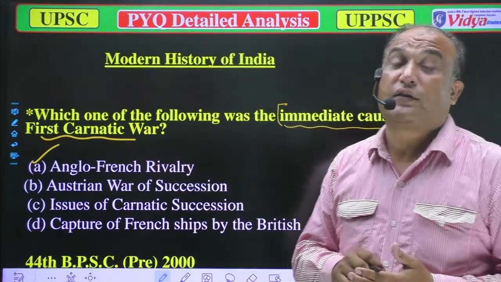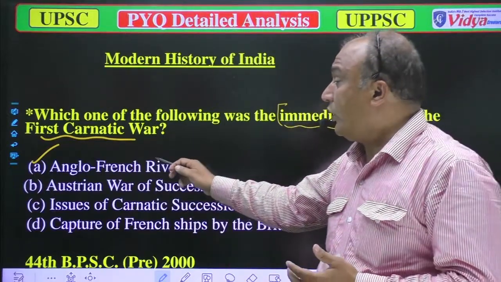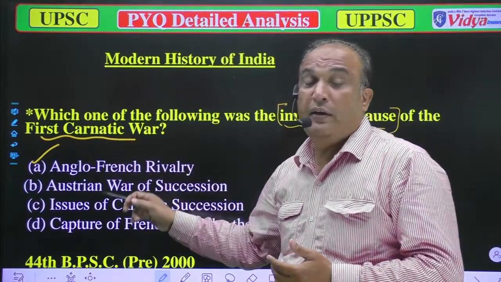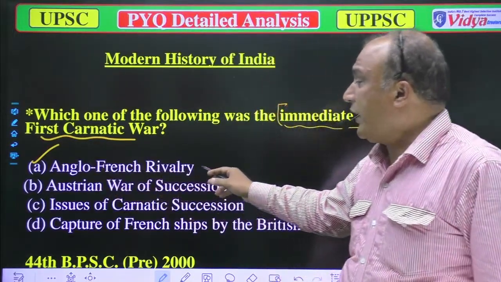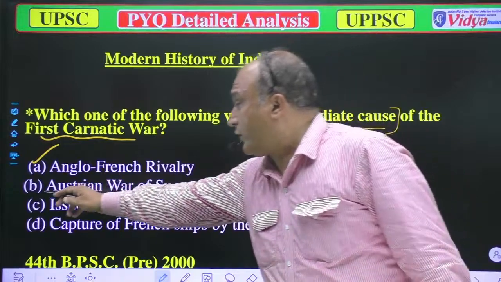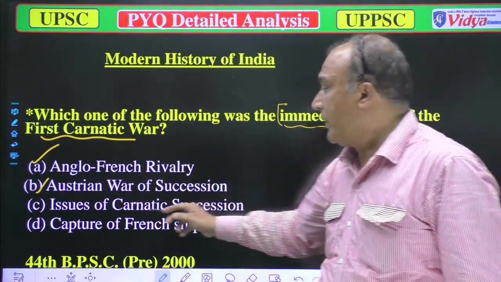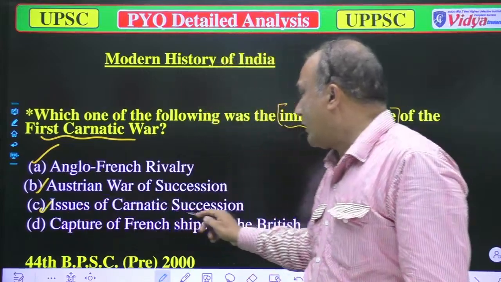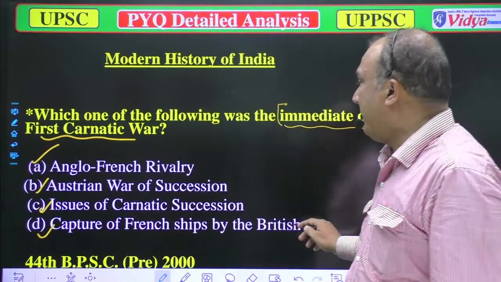Three Karnataka wars were fought at that time, and the first was between the Britishers and the French. So Anglo-French rivalry, yes. Austrian War of Succession, yes. These were some reasons. Issues of Carnatic succession and capture of French ships by British.